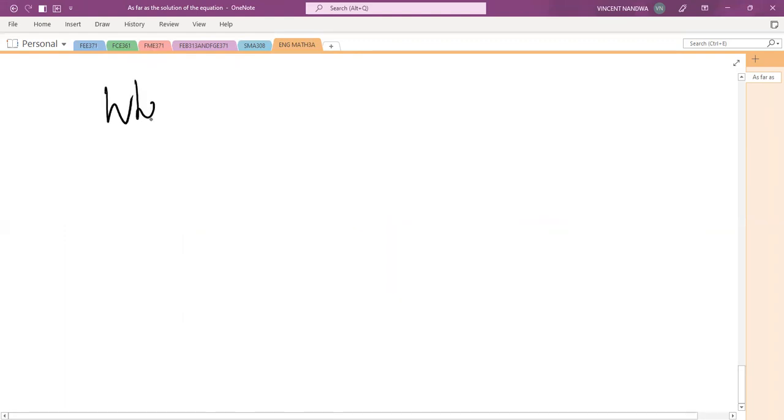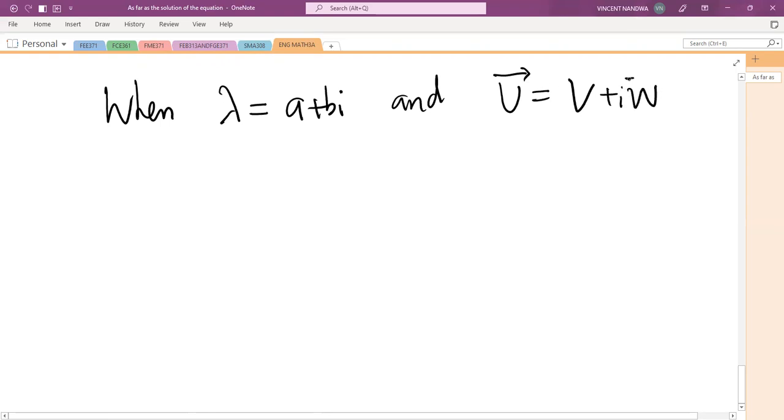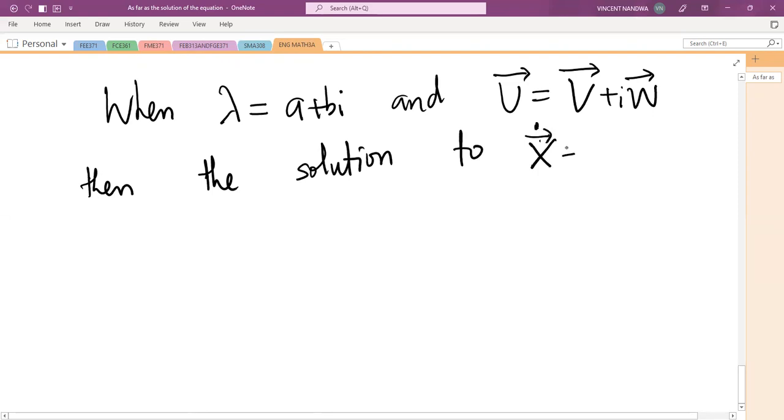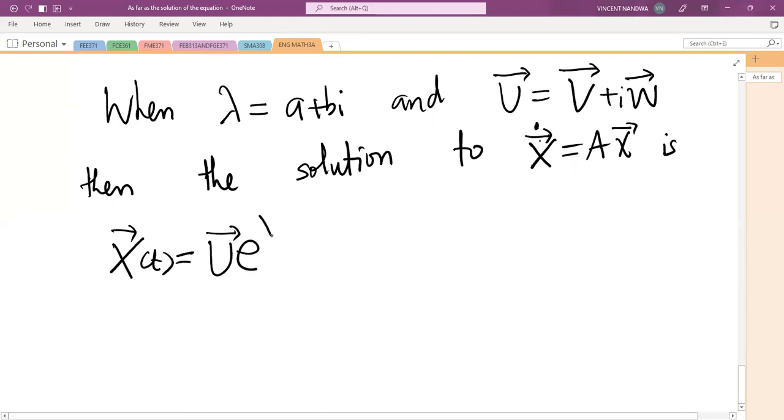So when lambda is given as a plus bi and u is given by v plus iw, then the solution to the equation x dot given by Ax remains to be x of t is given by u e raised to power lambda t.